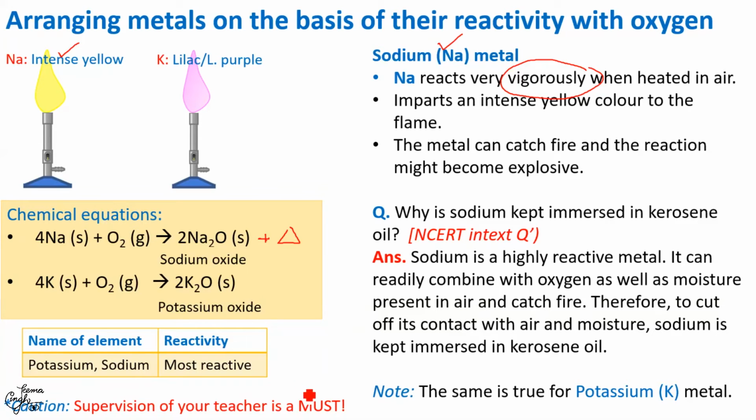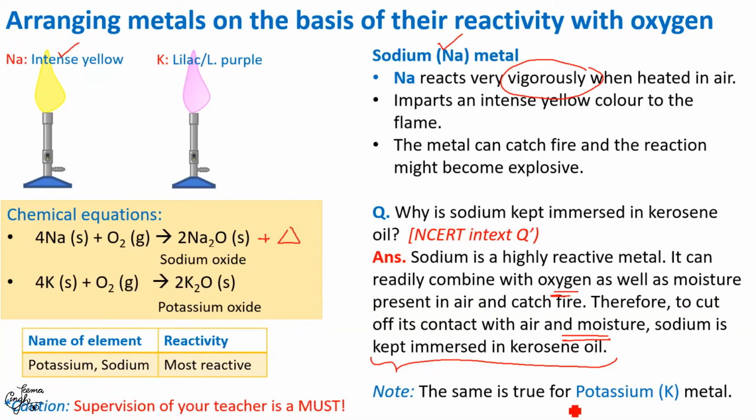So be very cautious while carrying out this reaction and do it only under the supervision of your teacher. In fact, you need not even heat sodium metal as it can react by itself with the oxygen present in air at room temperature. Therefore, to cut off its contact with oxygen as well as moisture, sodium is kept immersed in kerosene oil. We discussed this part in one of my previous videos.